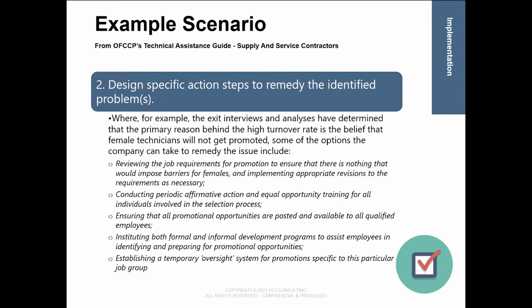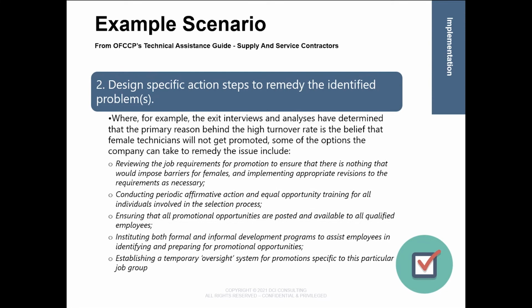Next, the example scenario discusses how to design action steps to remedy the identified problems. So, keeping on with the same example, through reviewing the exit interviews and analyses, the contractor determined that the primary reason behind the high turnover rate is the belief that female technicians will not get promoted.